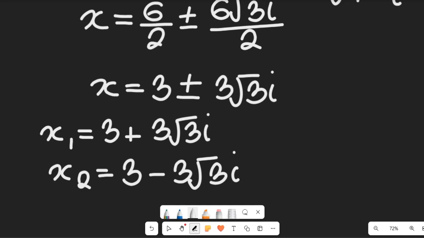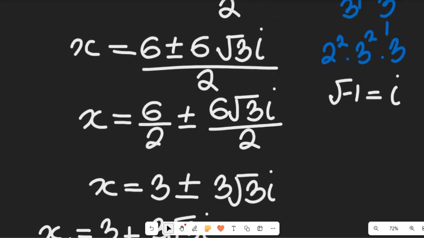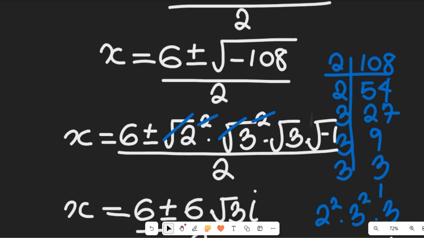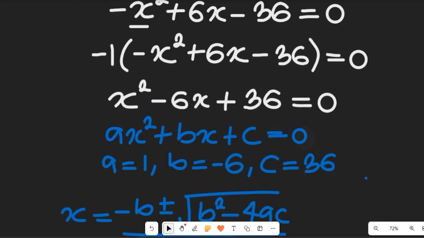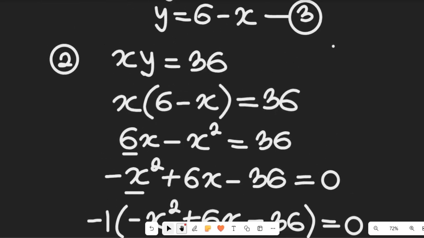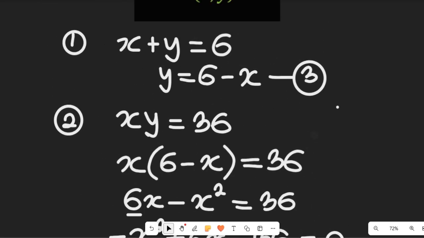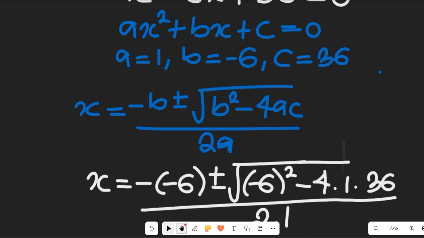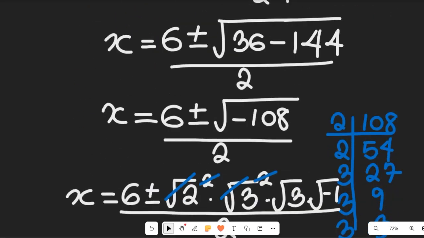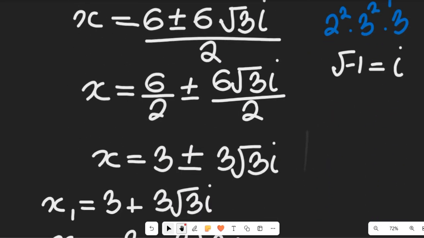So from this expression now, you can see that we can find the value of our y. If x is equal to those two expressions, then the value of our y using equation 3 can be found. Remember, from equation 3, our y is equal to 6 minus x.